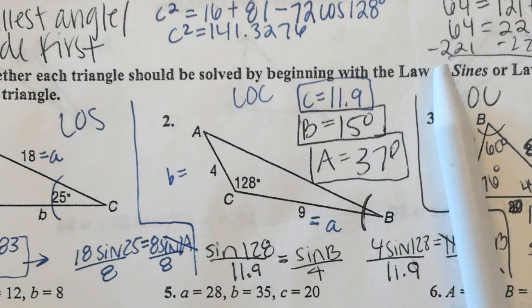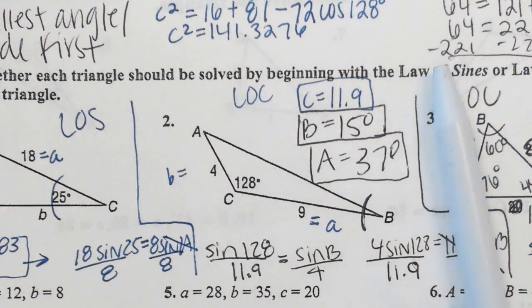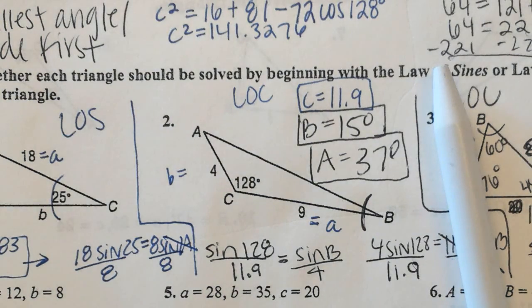Okay, B squared equals A squared plus C squared minus 2AC cosine B. Very good. Alright, somebody? Okay. C squared equals B squared plus A squared minus 2AB cosine C. Very good. Y'all think y'all got those for your tests? Cool.